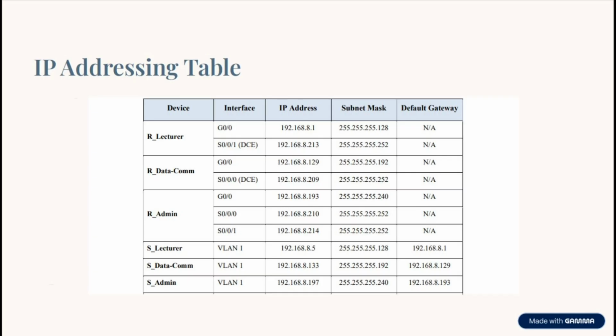This table shows IP address, subnet mask, default gateway assigned to various network device. For the router, each interface assigns a different IP address to connect different networks. For example, the router lecturer used the G00 interface, IP address 192.168.8.1 with subnet mask 255.255.255.128.